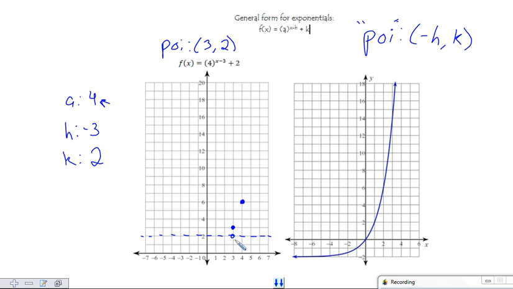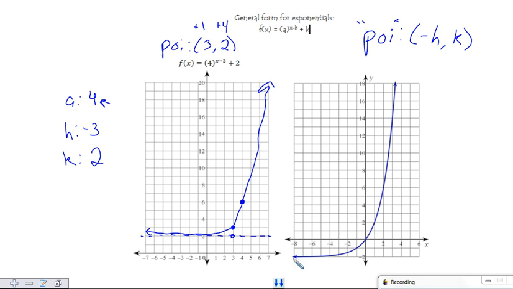So from your POI, you're going to go up 4 and over 1 to get to that next point. Okay, and then you're just going to make a nice curve. The nice part about an asymptote is that's where it kind of levels out, and then it's just going to swing up rapidly.